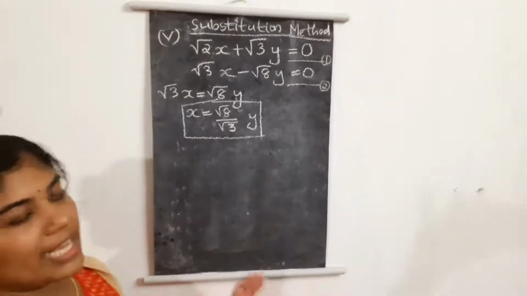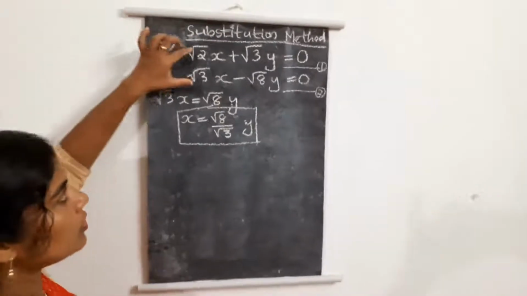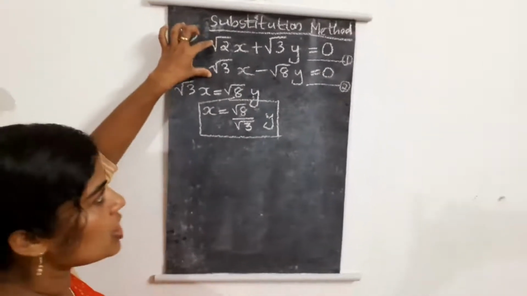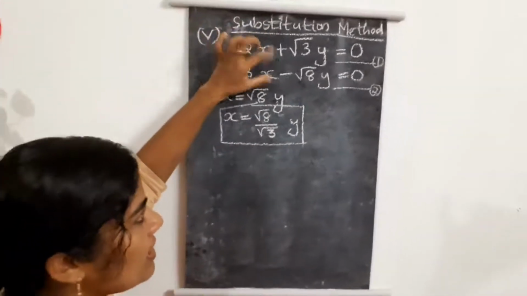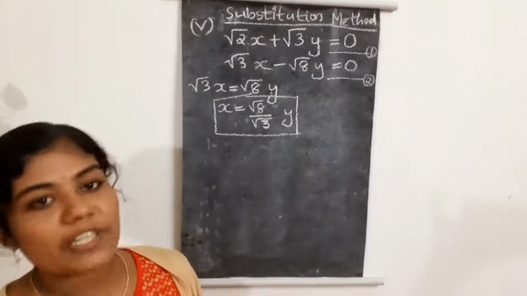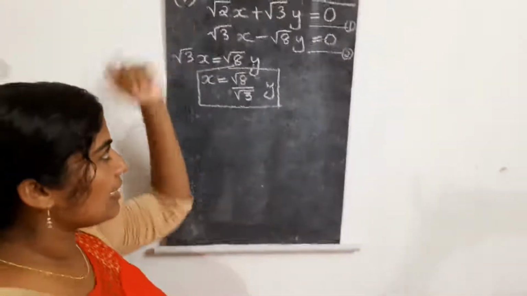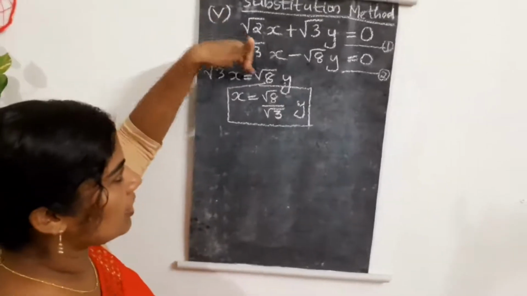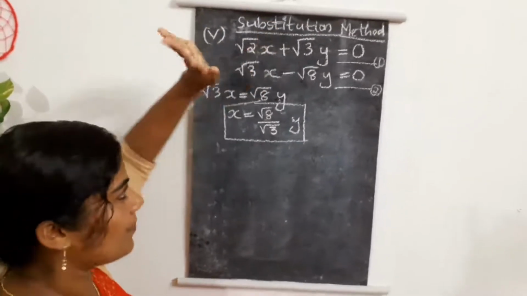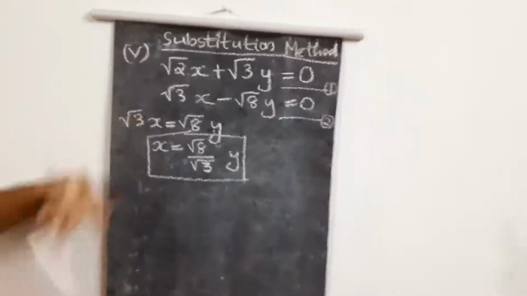As I said before, we have two equations, a pair of linear equations. For convenience we are taking the second one. We can also take the first one and do it; you can try that one. Here, we took the second one, root 3x equal to root 8y, and found x.